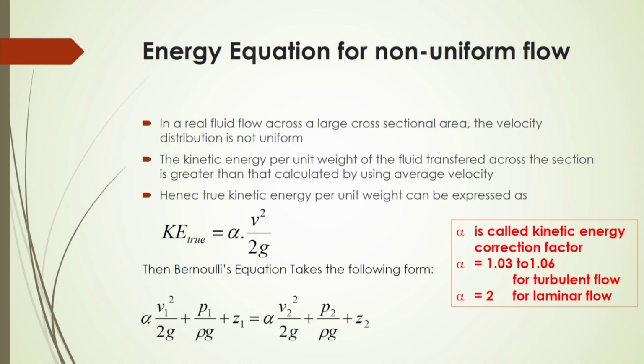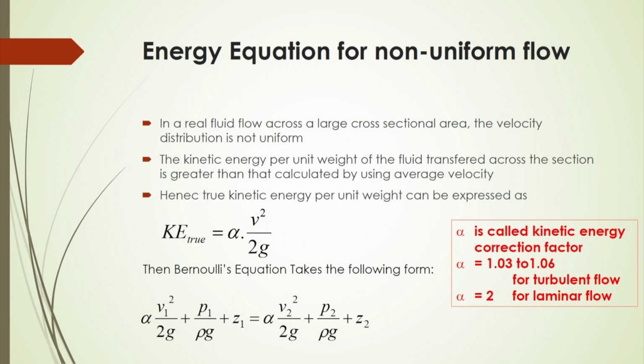In that case the kinetic energy per unit weight of the fluid transferred across the section will be greater than that calculated by using the average velocity. If we consider only the average velocity, there will be some kinetic energy per unit weight, but if we consider the actual velocity in the cross section rather than the average velocity, the kinetic energy will of course be greater than that calculated using the average velocity.